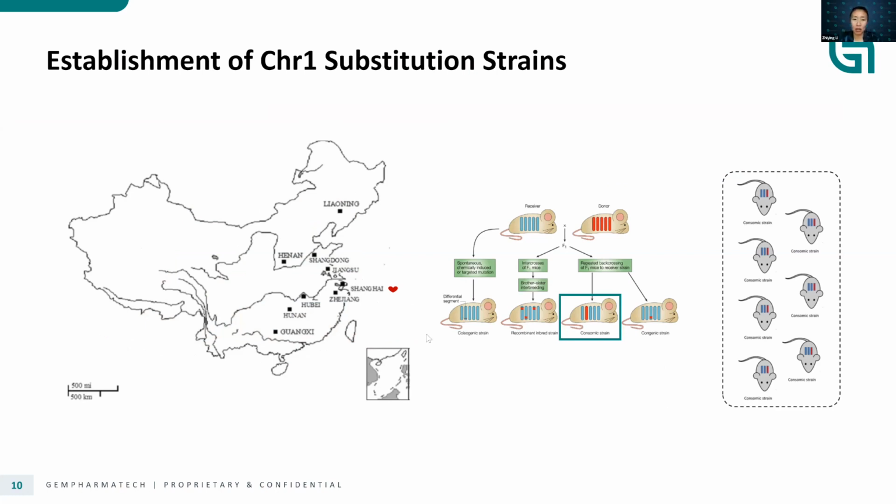strain. So as I've shown you here, in our project, our team actually caught multiple wild mouse from different places in China. And they went through the consomic strain breeding process and established multiple chromosome 1 wild mouse consomic strains.